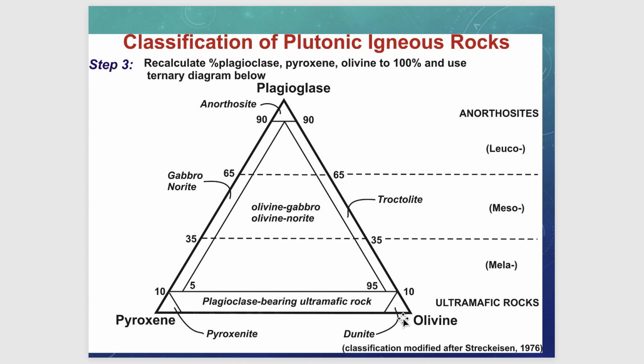So that's basically it for these minerals and key rock types. I would say that the color of these rocks, the anorthosite, is usually leucocratic. Then you go into mesocratic rocks and melanocratic rocks when they're dominated by pyroxene and olivine.